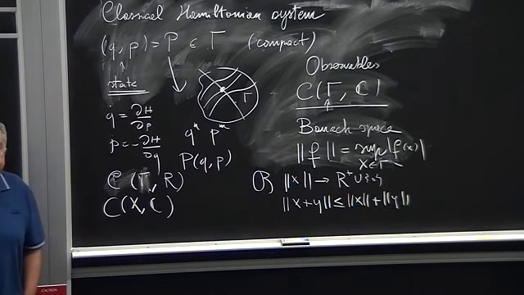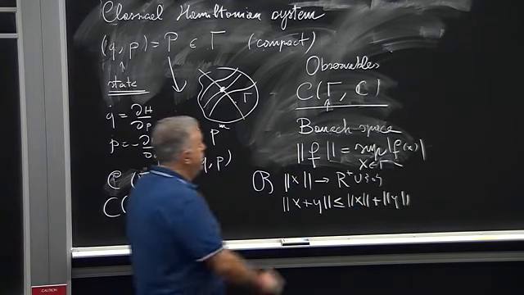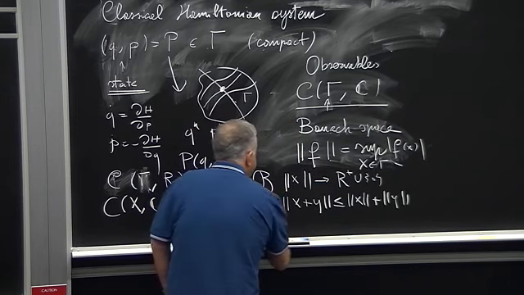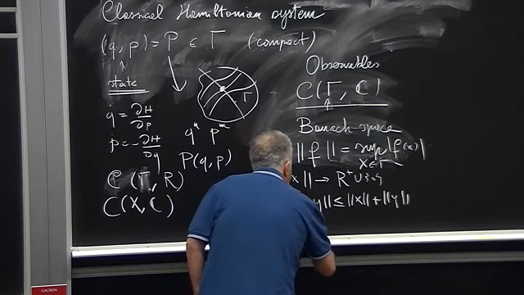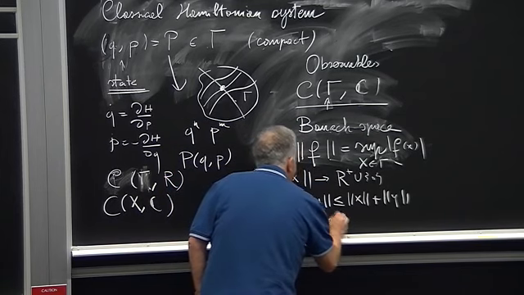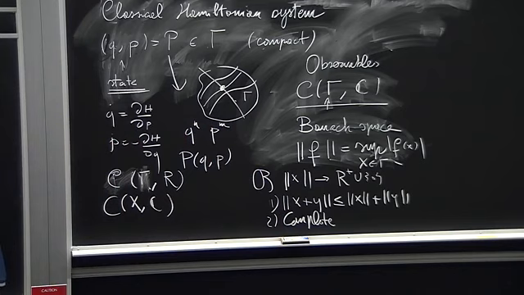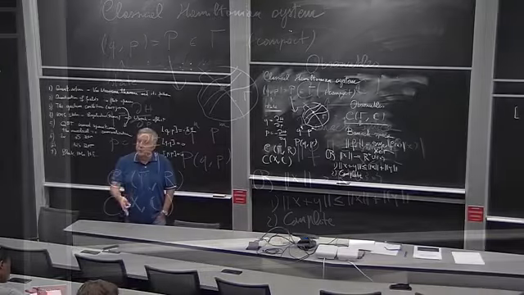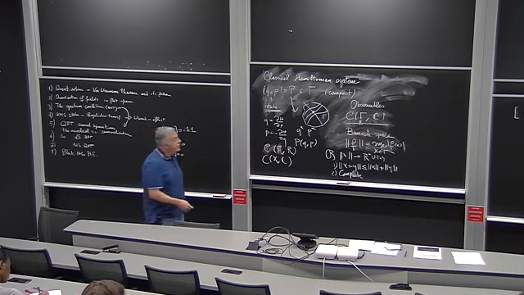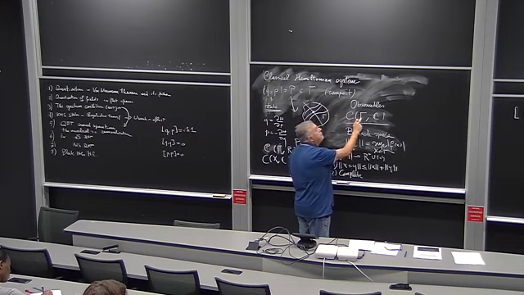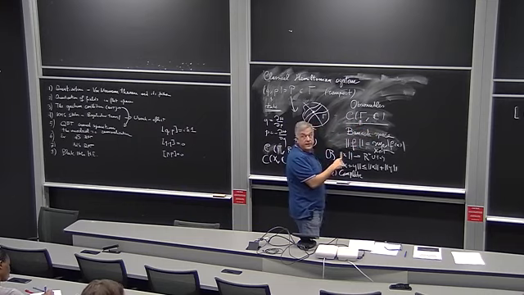And second, the space has to be complete. This means that Cauchy sequences in your Banach space converge to an element of your space itself. So the space of continuous functions defined on a compact manifold with complex values is a Banach space.